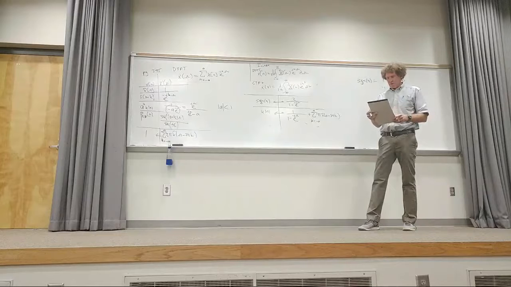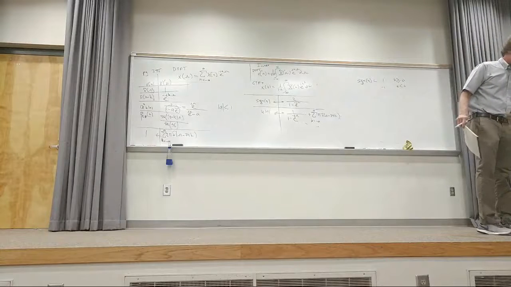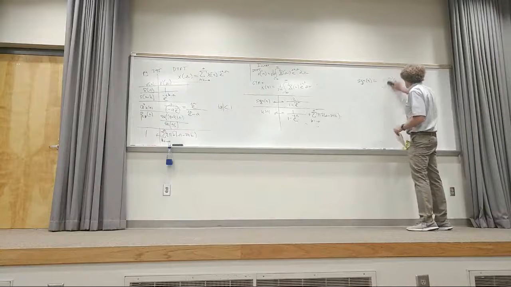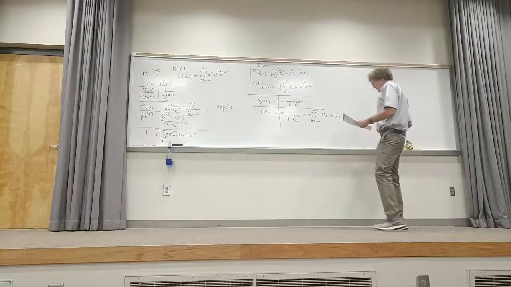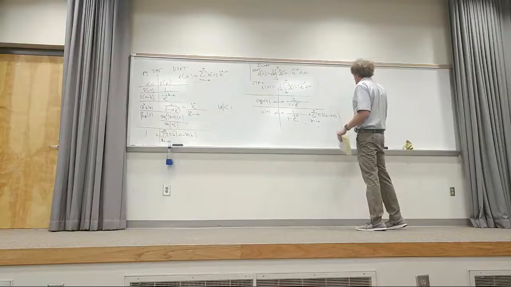Now I'm going to mention a few of the properties, and I want to show you a couple things. I've got some time too, I'm glad. For the properties, you all know linearity. Linearity is a straight shot.